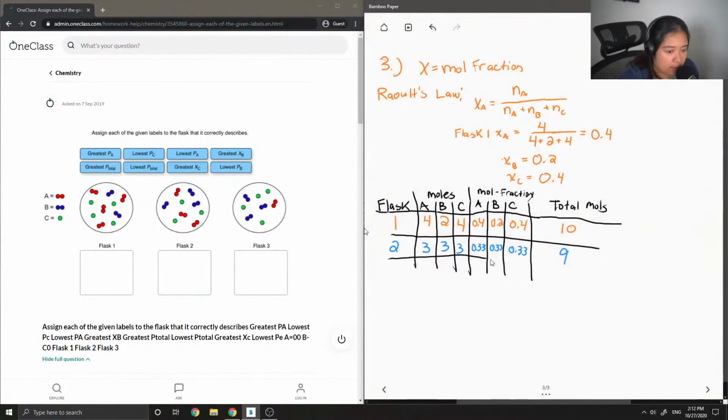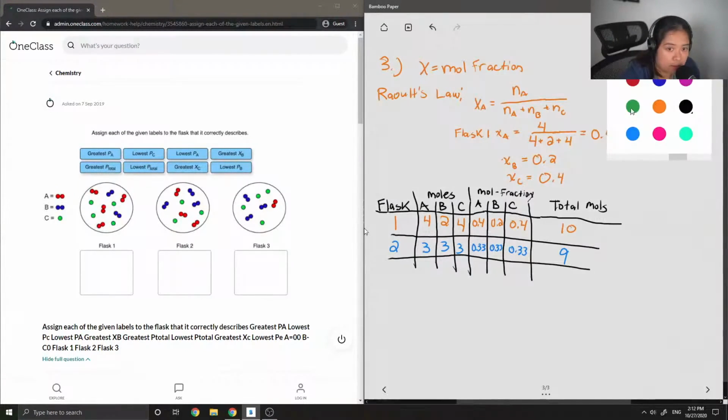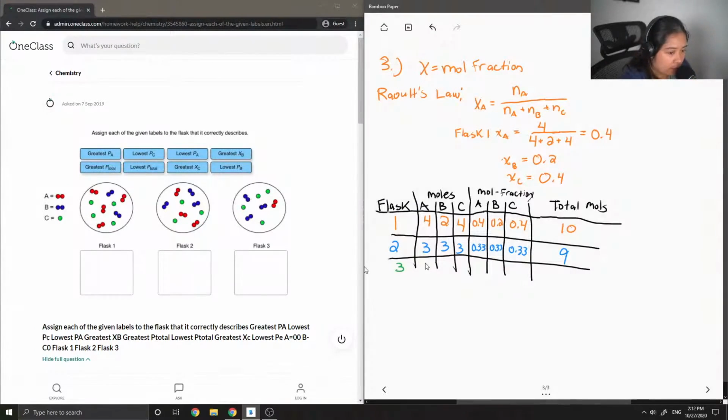And lastly, for flask 3, there is 1 mole of A, and then 3 moles of B, and then 4 moles of C. And then if we were to calculate the mole fractions, it would be 0.125, 0.375, and then just 0.5. And its total moles is 8.